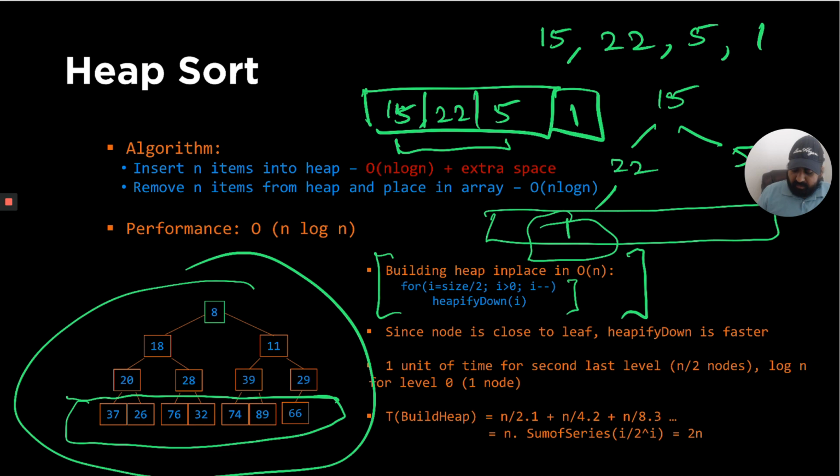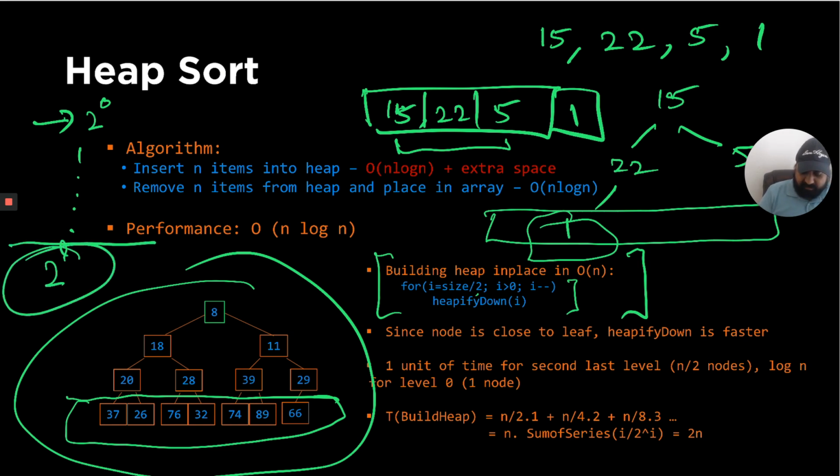So we do not need to worry about the elements after size divided by two, because in a complete binary tree, at every level there are 2 to the power l elements, starting from 2 to the power 0. So we completely skip the last level, which has the majority of the nodes.